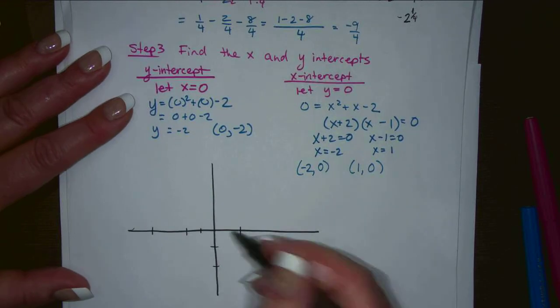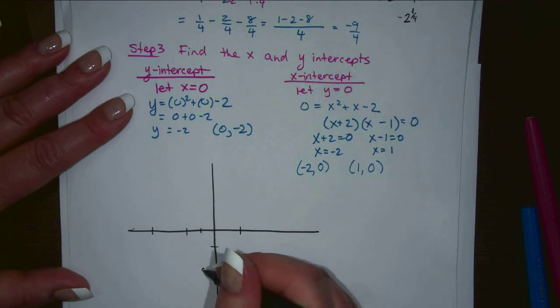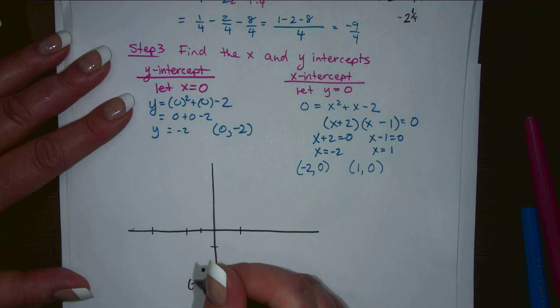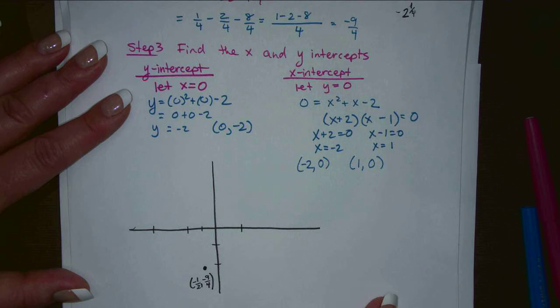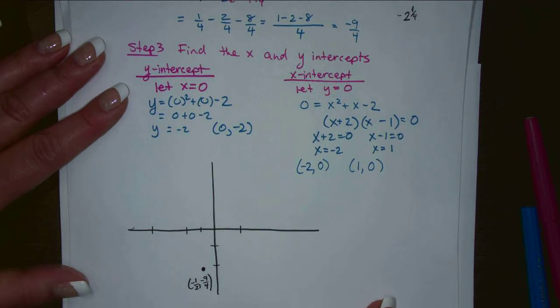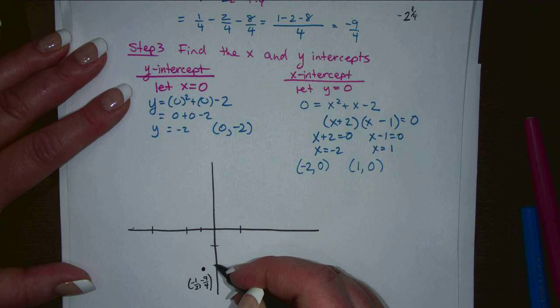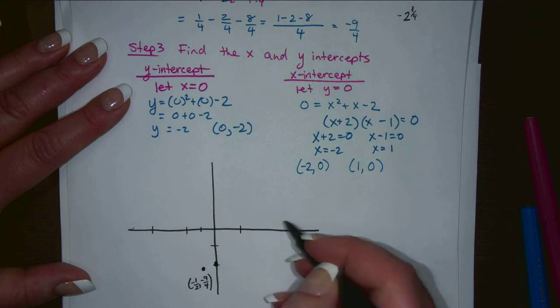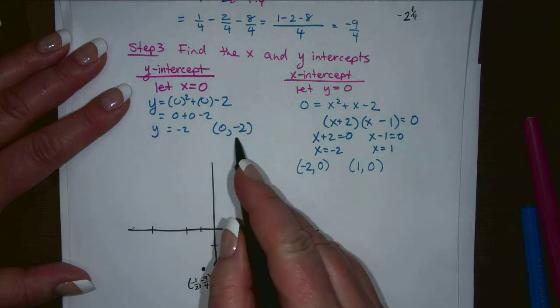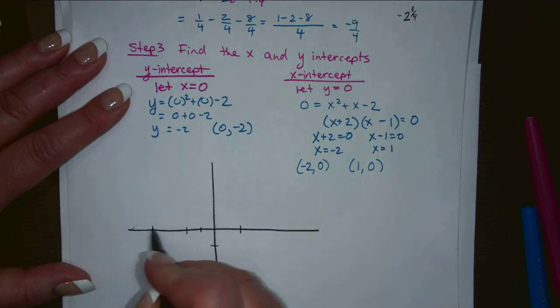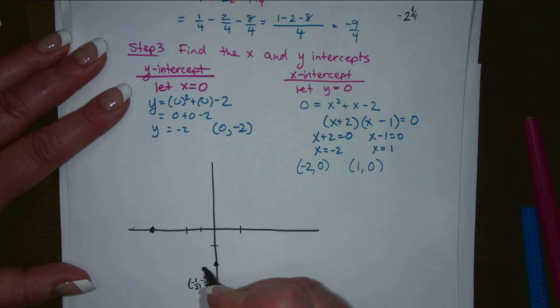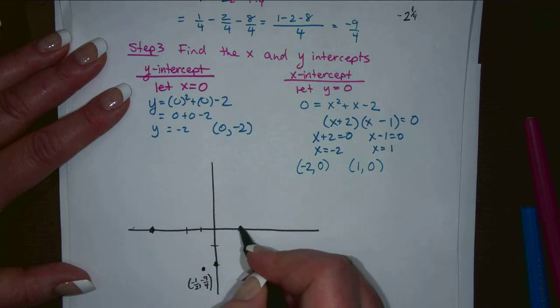Negative 1, 2, and a little bit. So you write that point on there. And then add your other points. So 0, negative 2. That's this one. And then negative 2 on the x, 0. And 1, 0.